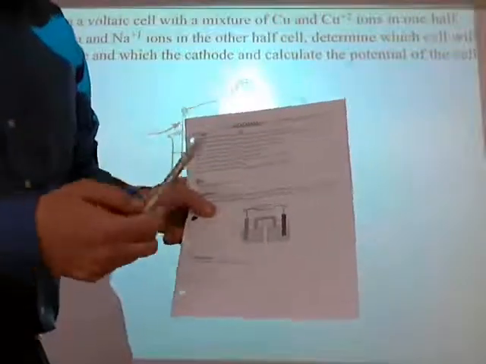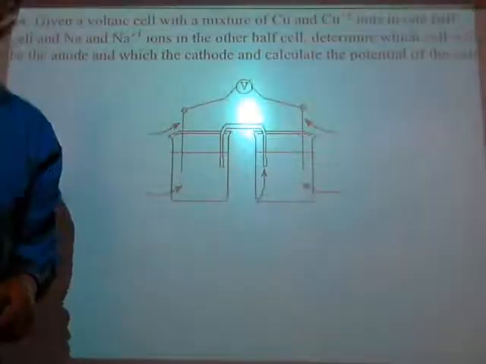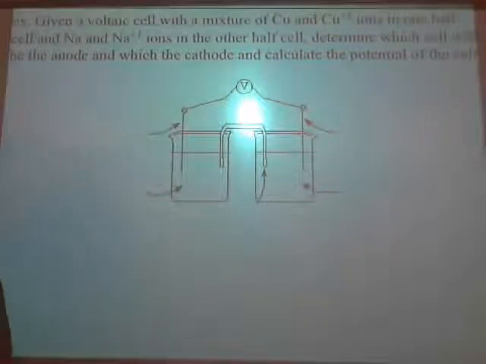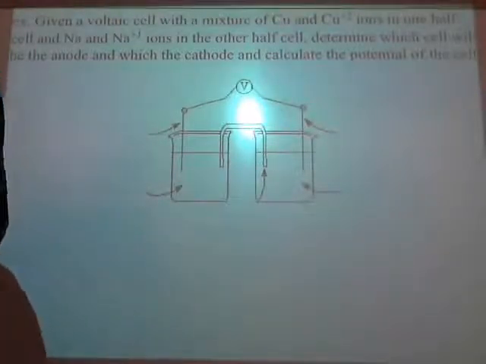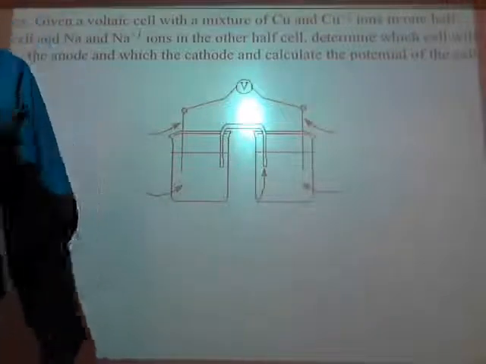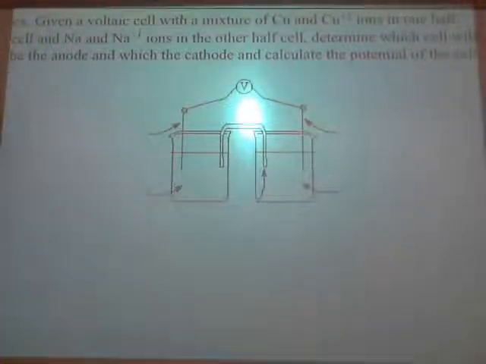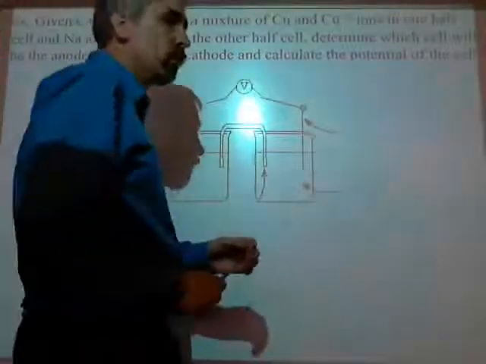All you'll have to do is label both sides and predict the oxidation and reduction, and therefore also predict the cathode, the anode, the positive, negative, and eventually the voltage of the cell.